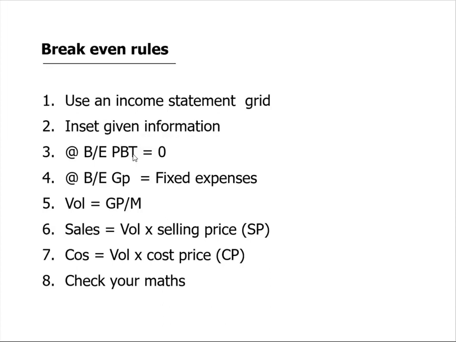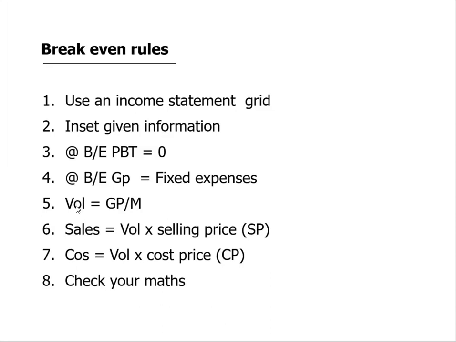If it's a break-even question, I made the profit 0. Once I'd made this 0, I could then say, well, I know what the gross profit is. It's equal to the fixed expenses. Then I could do my calculation here, gross profit divided by margin. That's where I used the little blue boxes and divided GP by margin. It gave us the volume.